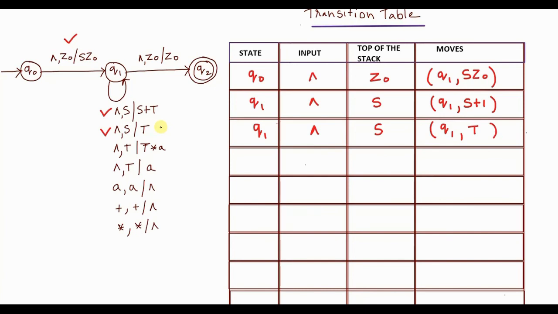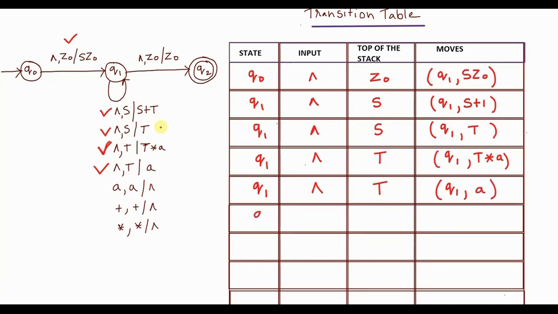Then for the next transition, that is this one, again the state is Q1, the current input symbol is null, top of the stack is T, you remain in the same state Q1, and what is the string that is pushed? T into A, right? Then the next transition, again you are in state Q1, null is read as input, T is the top of the stack, and you remain in the same state after the transition, and what is pushed onto the stack is A.